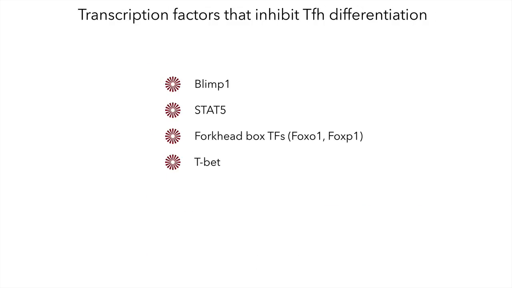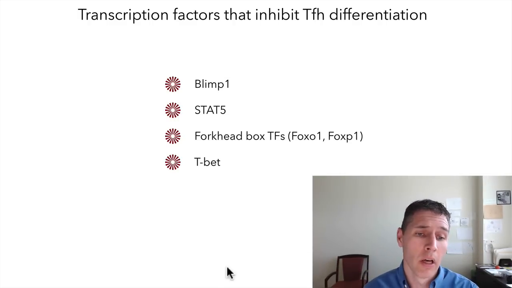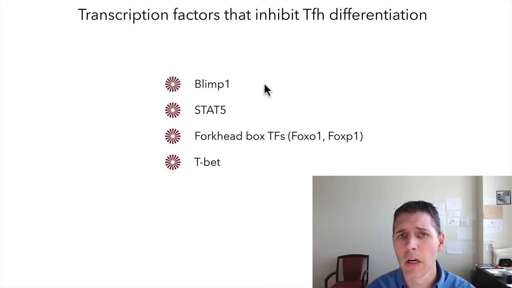While those are transcription factors that are important for induction of TFH differentiation, there are also transcription factors that inhibit TFH differentiation. The first of these that was identified is BLIMP1, and BLIMP1 is a powerful antagonist of TFH differentiation.